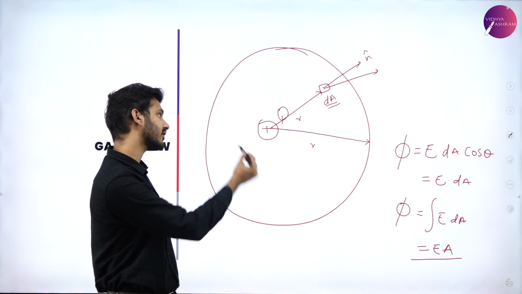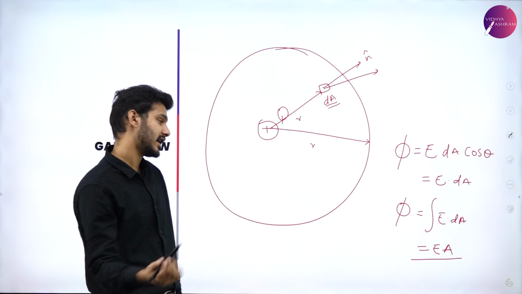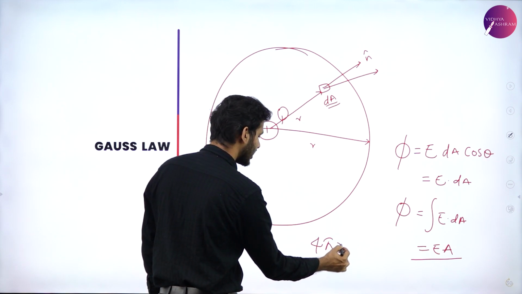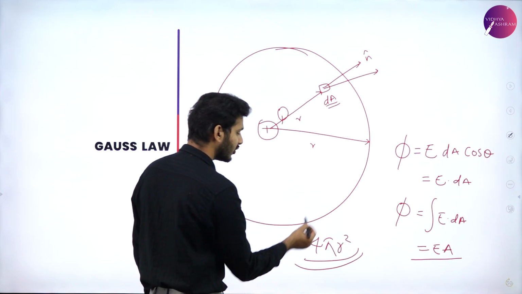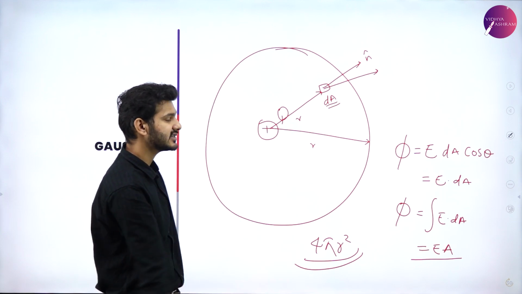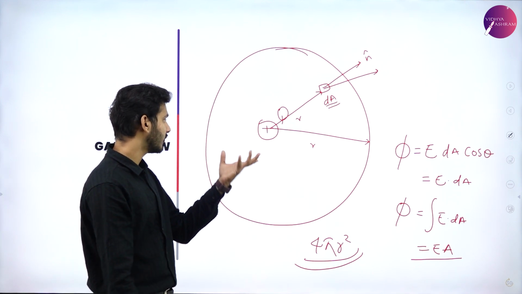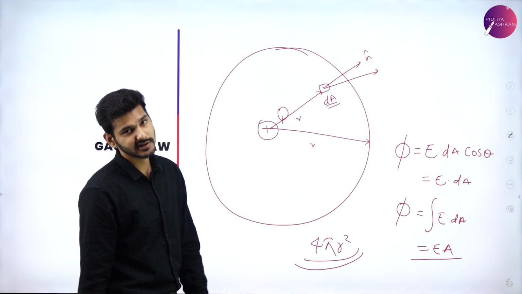stands for the area of this particular sphere, and the area of a sphere is given by 4 pi r square. So 4 pi times the radius squared will give you the area, and if you want the volume, then 4 by 3 pi r cube will give you the volume.